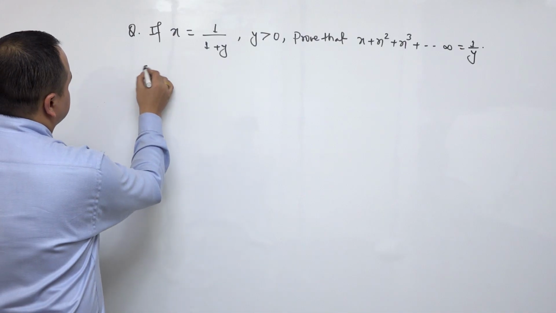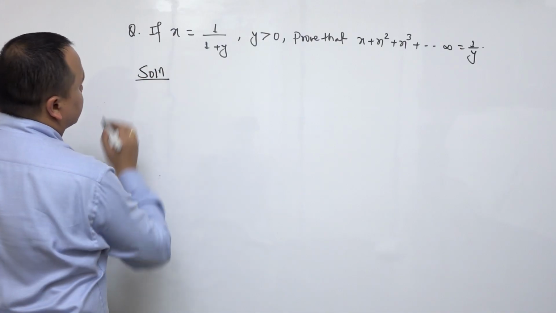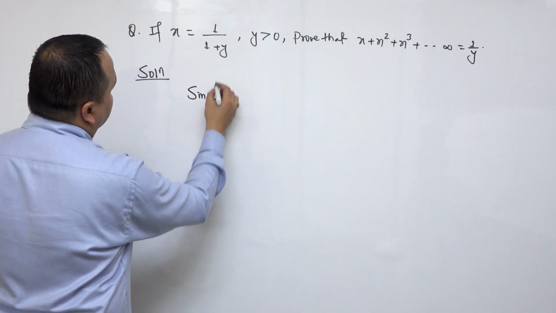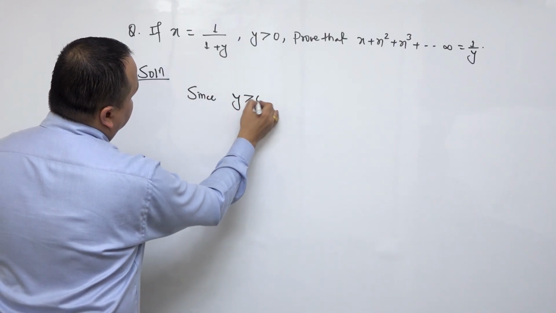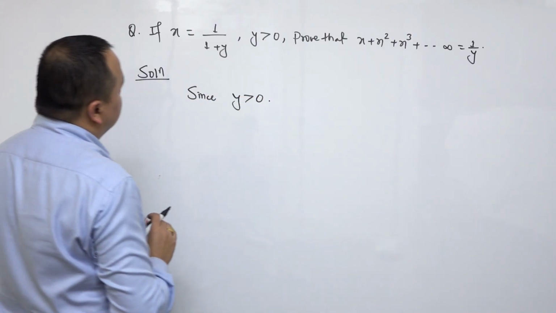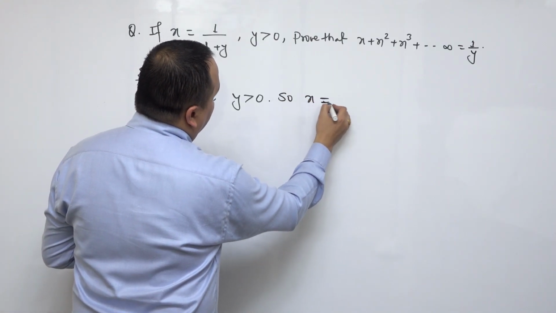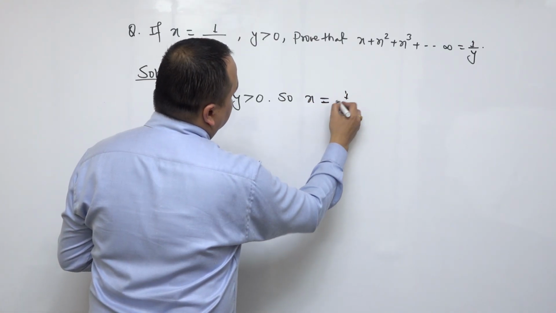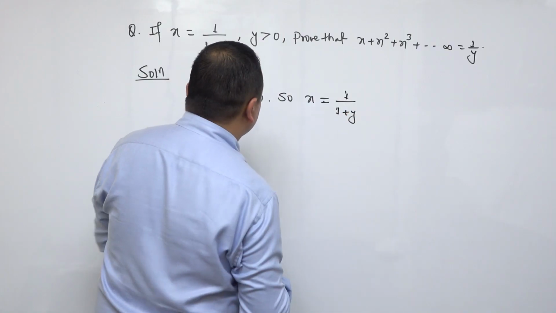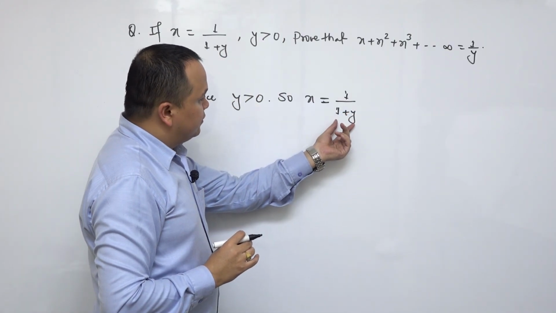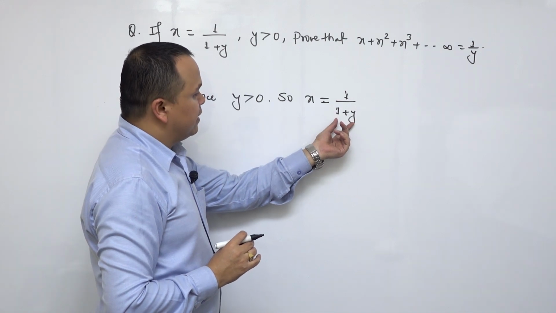So solution, since y is positive, so x is equal to 1 upon 1 plus y. Here y is positive, so the denominator is always greater than 1.